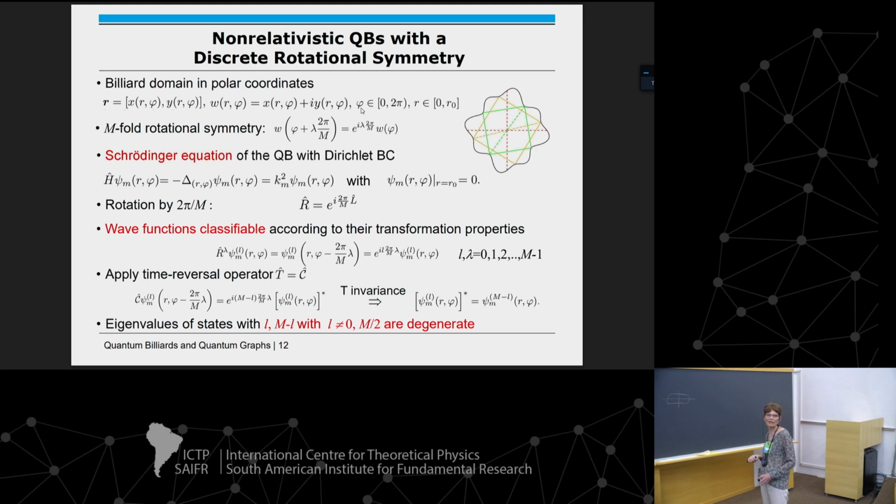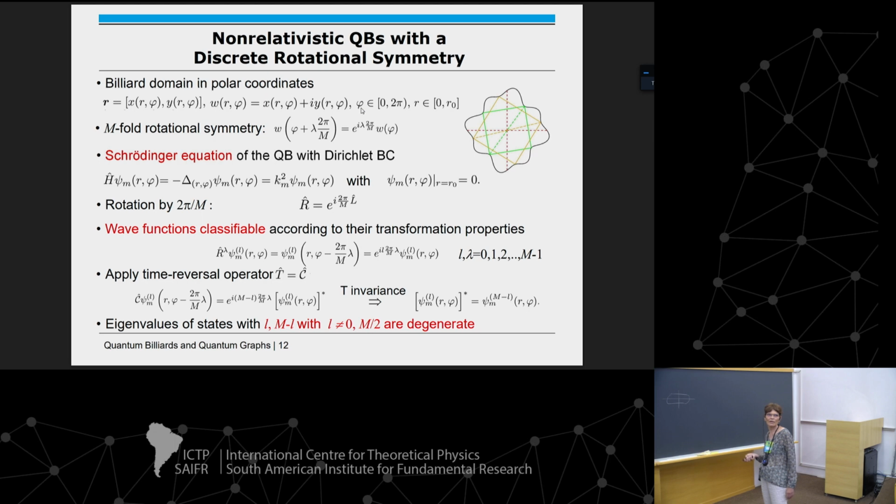That is, you have degeneracies, so you can separate into singlets. These are rotationally invariant ones, which cannot be split into pairs. And you have doublets of the same eigenvalues, but with transformation properties, symmetry classes, L and m minus L. So this is a result you obtain for a non-relativistic quantum billiard.